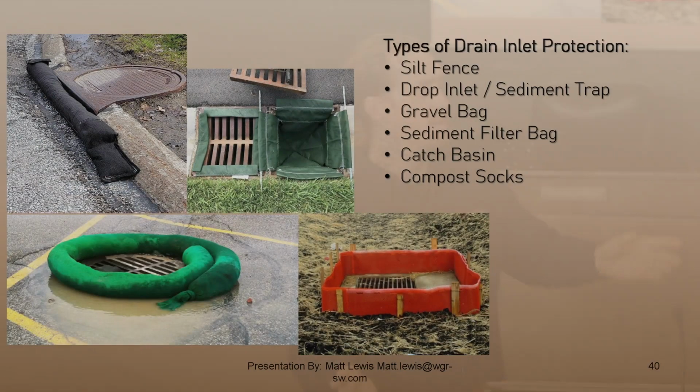It doesn't usually remove particles of sediment. Whereas compost socks are self-weighting, they remove particles, and they allow water to flow through them. So we always suggest, though most contractors don't want to do it because it's a bigger expense, that compost socks are by far the greatest option.